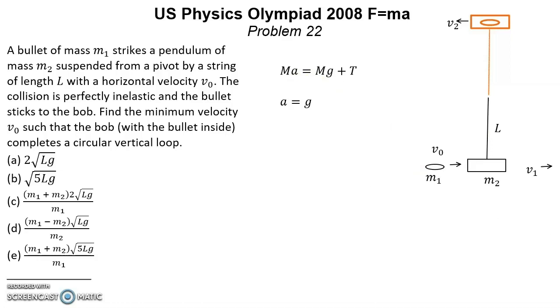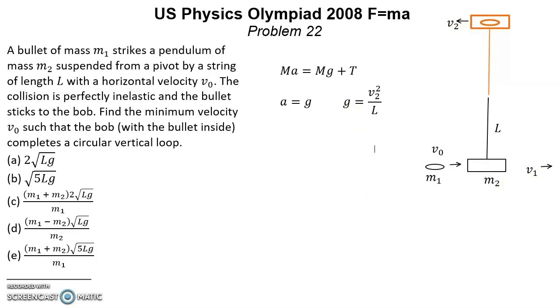But we know that if a body is going by a circular orbit, acceleration is centripetal acceleration, and we can calculate it this way. So this is the connection between velocity at the highest point and acceleration.